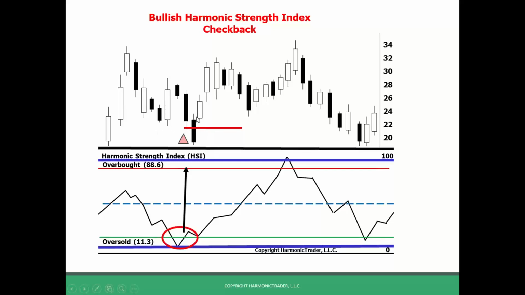We usually see it in the first 1, 3, 5 bars, usually not more than 5 bars, I would say. You might get a delayed one, but the emphasis should be on an immediate check back. Also, we can monitor the indicator progress as it comes out of the zone.